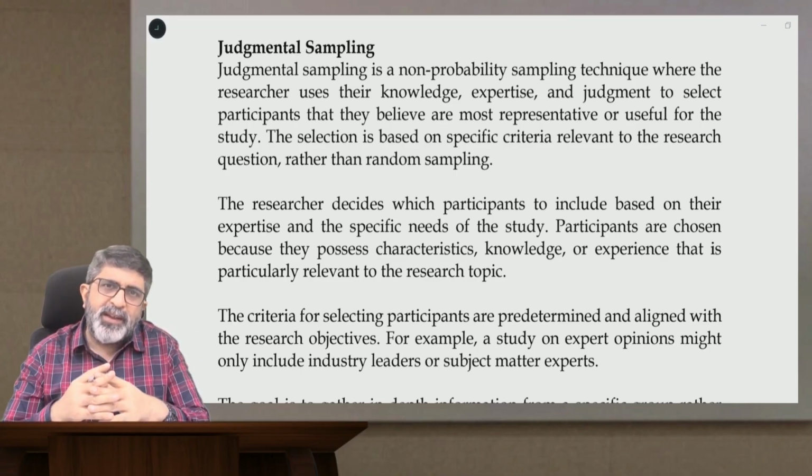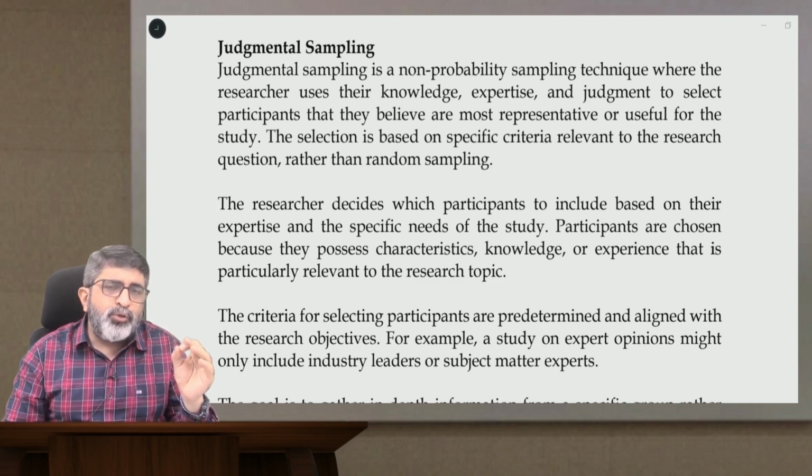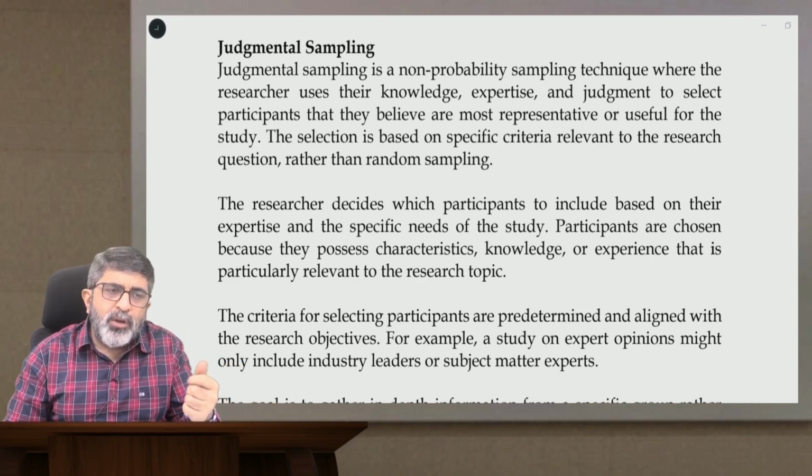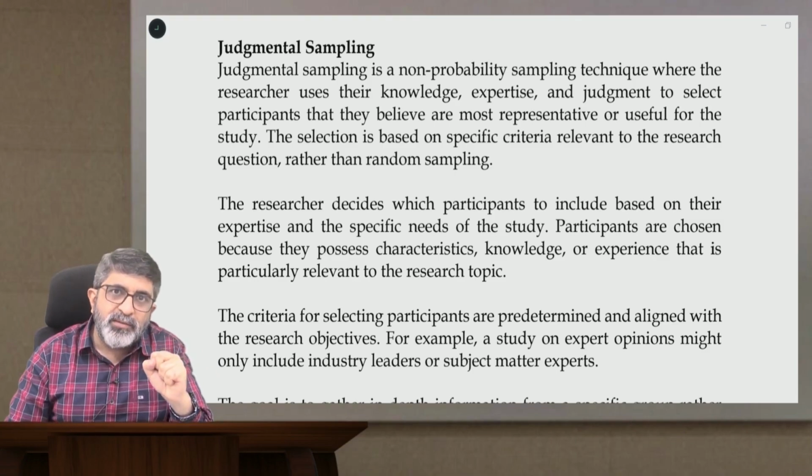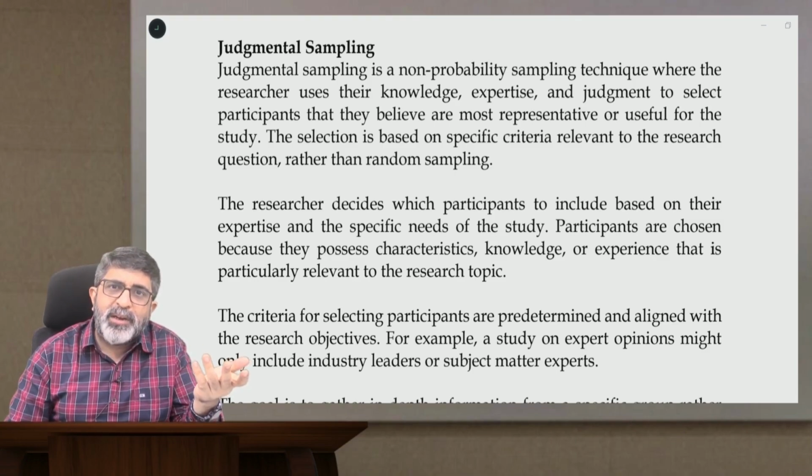You can take a lot of examples. Suppose I want to observe students who have not done well in quantitative methods in the CFA Level 1 exam, I would want to just interview these students. It is judgmental sampling.